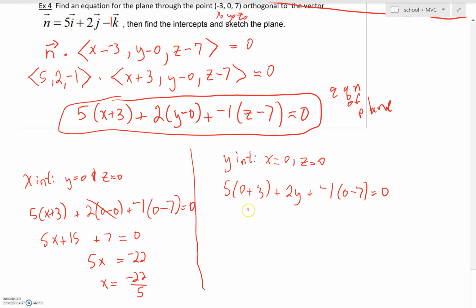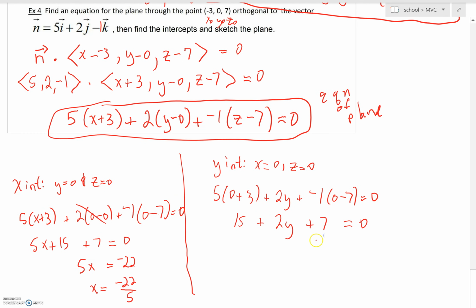So this is 3 times 5, that's 15. Negative 1 times negative 7 is a plus 7. So 15 plus 7 is 22. We can subtract that 22 and then solve. We'd get y equals negative 11.